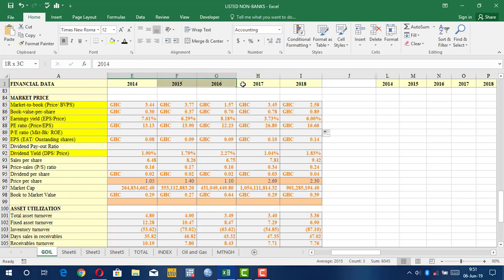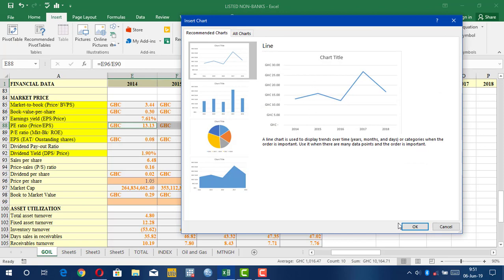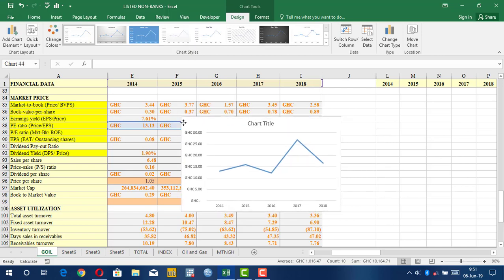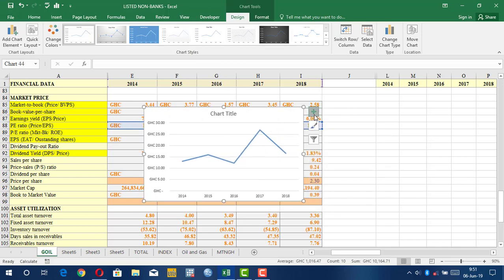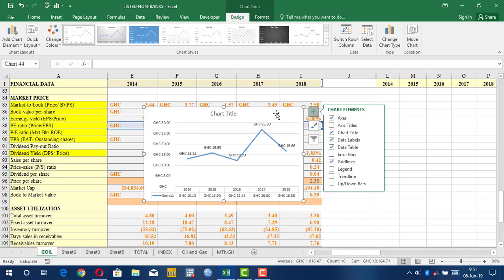So let's quickly do a chart for it and see how it has fared over the last 5 years. So let's look at it. Okay, so that's it.